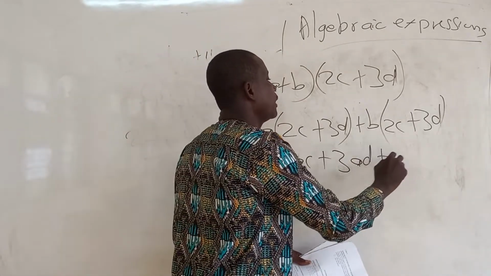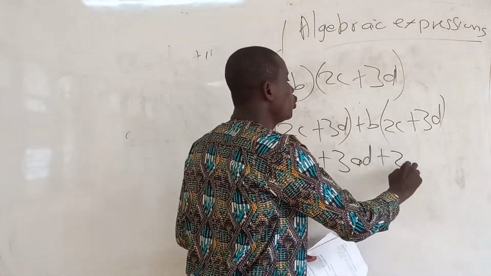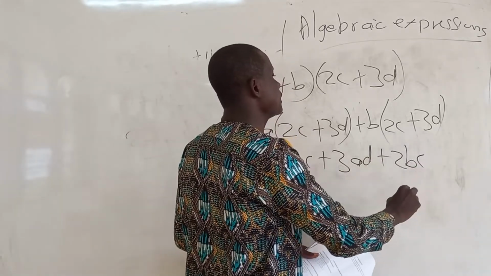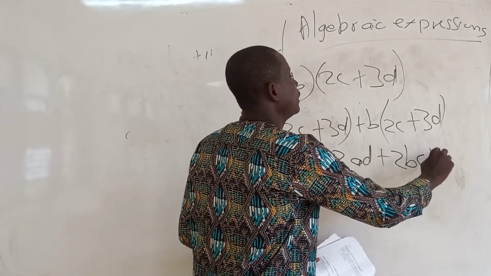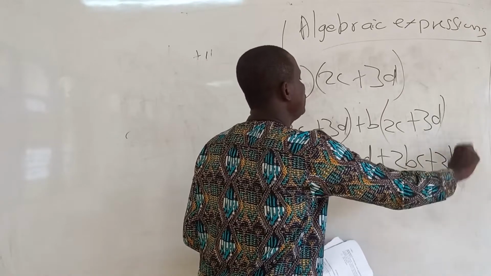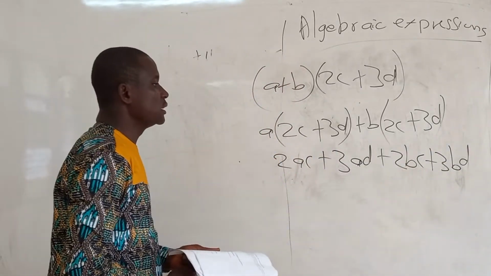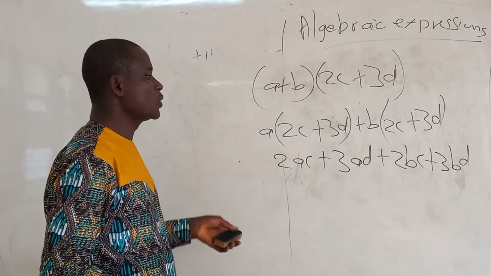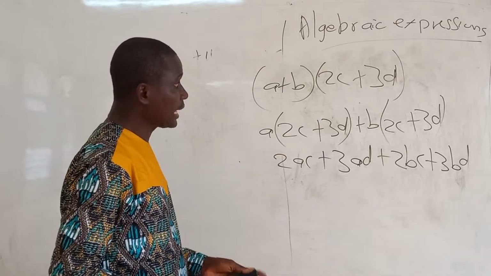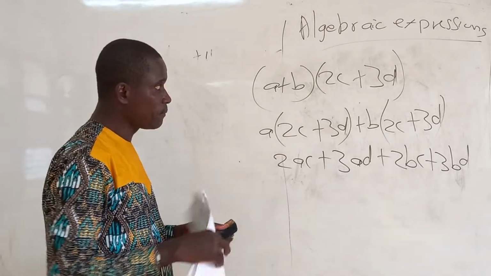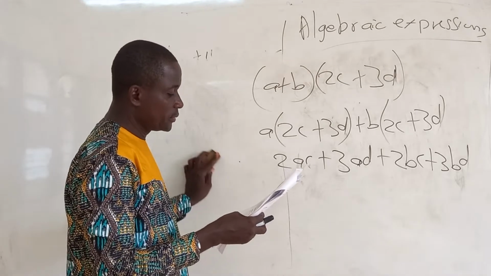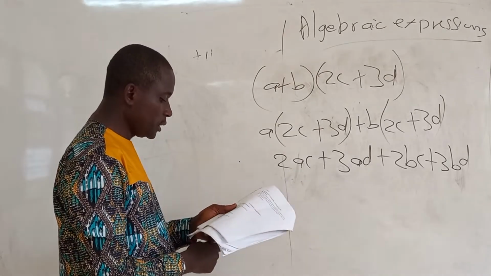Then here, plus 2bc. Then plus 3bd. Now, since none of them is common, you cannot add anything. You have to leave it like that as the expansion.